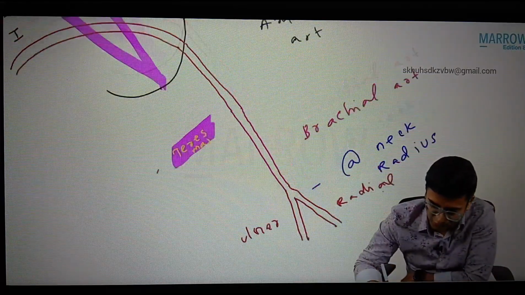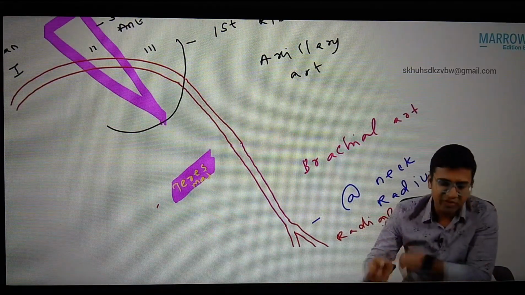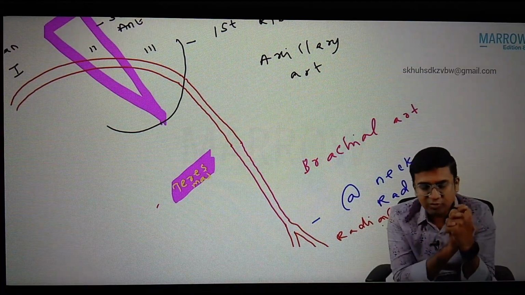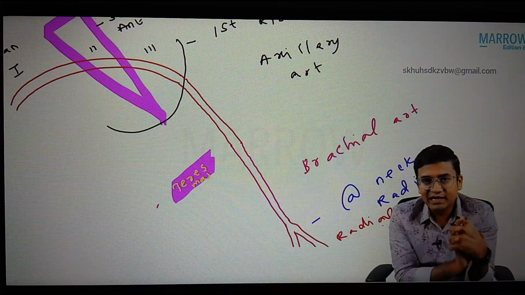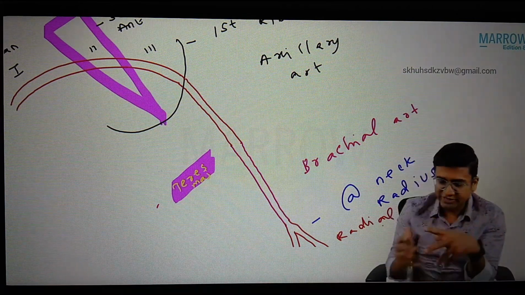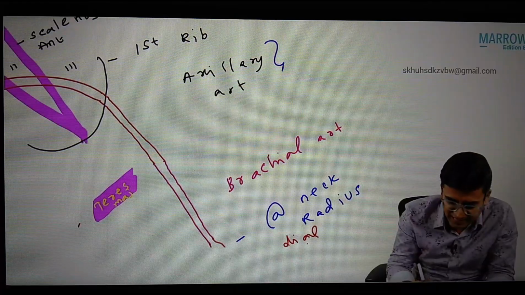So what is the extension of the axillary artery? The axillary artery extends from the outer border of the first rib to the lower border of the teres major muscle. The brachial artery extends from the lower border of teres major muscle up to the neck of the radius bone. So we're going to write the extension.